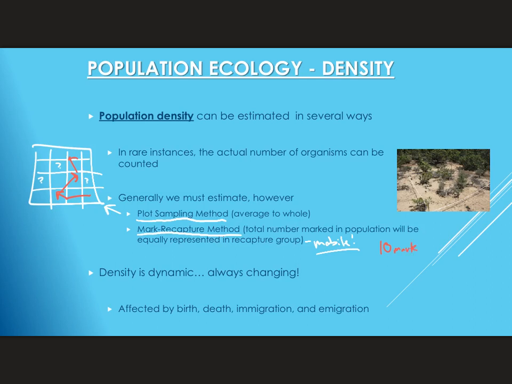Then we come back at a later time and we collect 50 honeybees, and we notice that out of that 50, 5 actually have a mark. So 5 with a mark out of 50 collected.